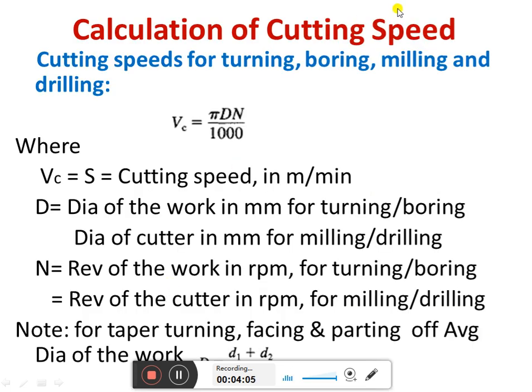The calculation of cutting speed is Vc equal to pi D N by 1000, where Vc is cutting speed in meters per minute, and D is the diameter of the work in mm for turning and boring, and diameter of the cutter in mm for milling and drilling. N is the revolution of the work in rpm for turning and boring, and the revolution of the cutter in rpm for milling and drilling. So this is for cutting speed.